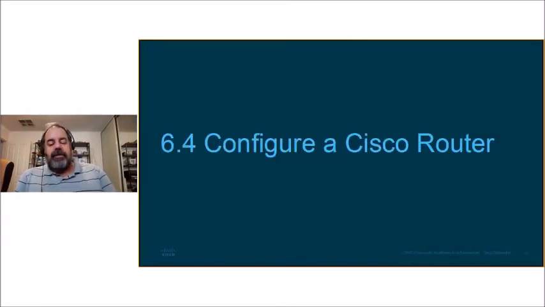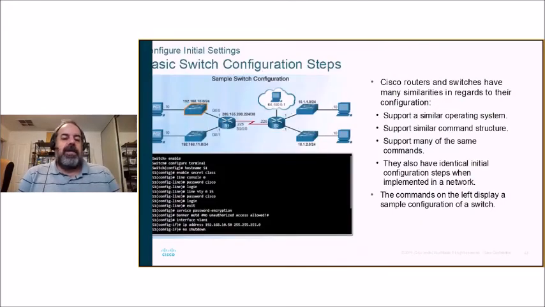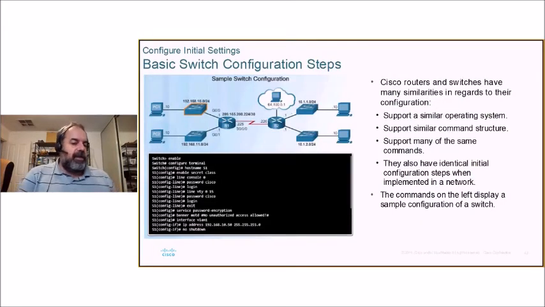How do we configure a router? We did talk about switch configuration a chapter or two ago, and configuring a router is not hugely different, especially for most of the stuff that you did in the switch. The major difference is configuring the interfaces.